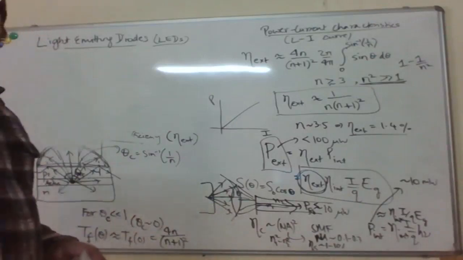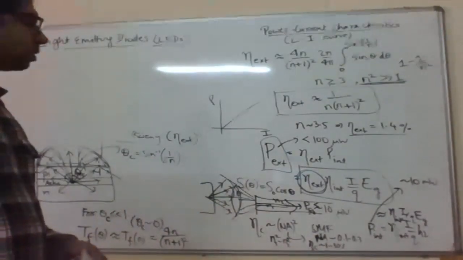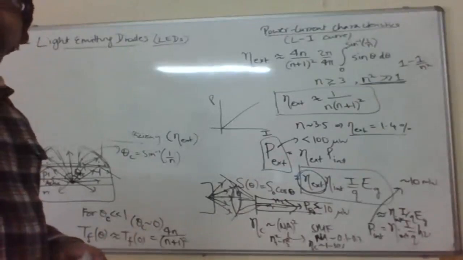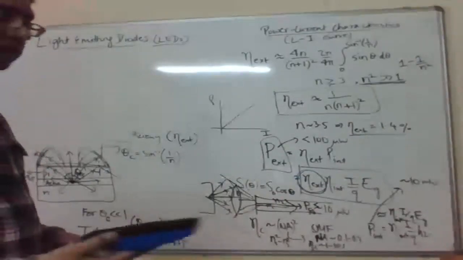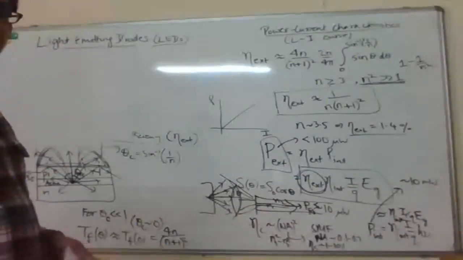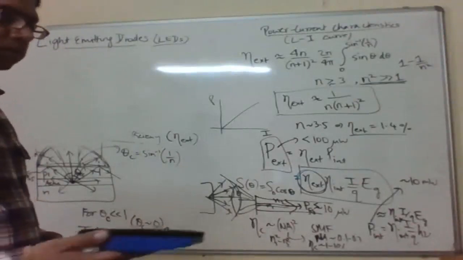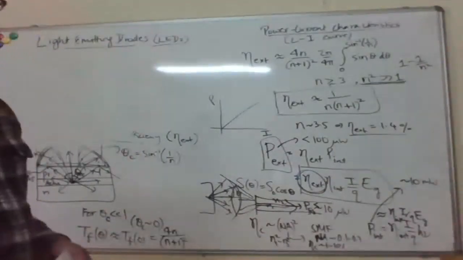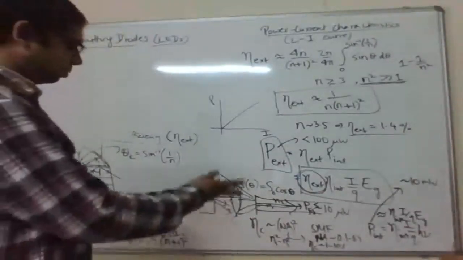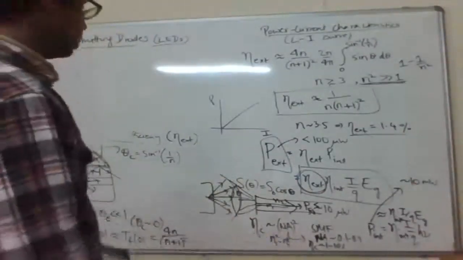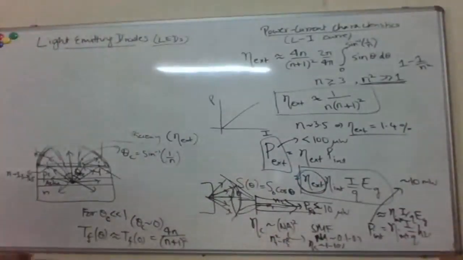So the LEDs that we use for illumination, if we can also modulate signals onto that light coming from the LED, and then your receiver has a photo detector which detects that light, so you're connecting to the network like that, right? So LEDs are still being explored for these kinds of applications.